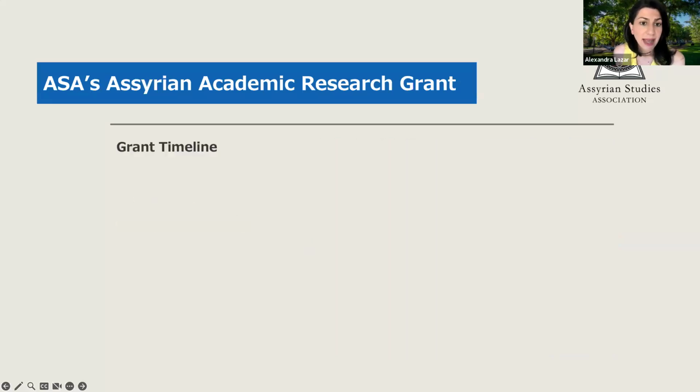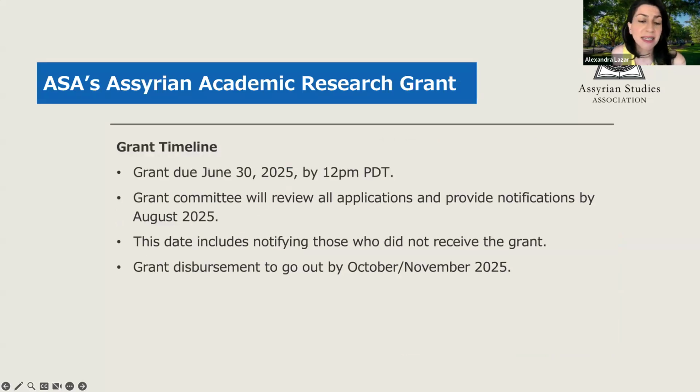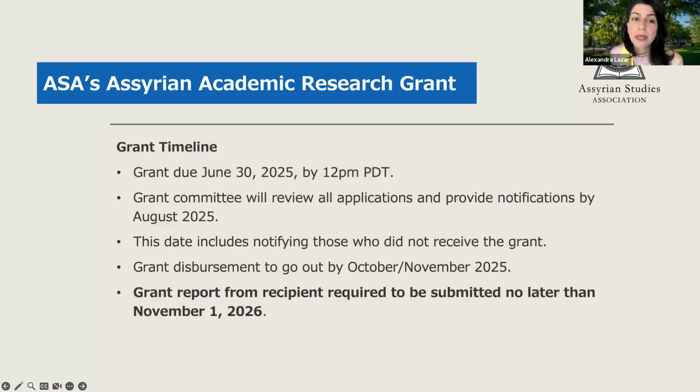The next slide is the grant timeline. The grant is due by June 30th by 12 p.m. Pacific. The grant committee will review all applications and provide notifications by August of this year. This date also indicates notifying those who did not receive the grant.